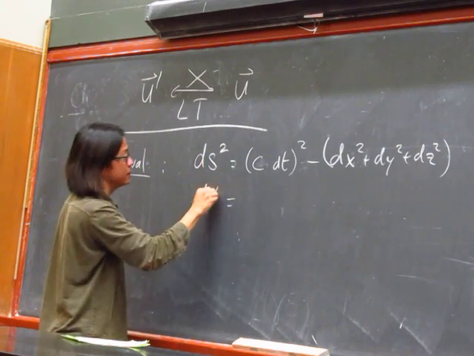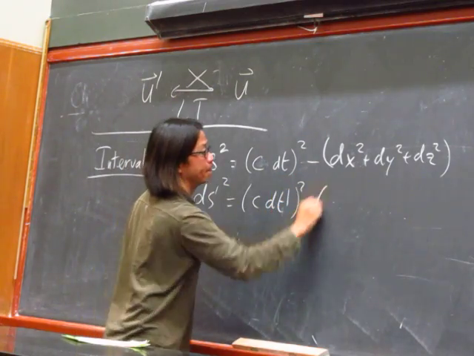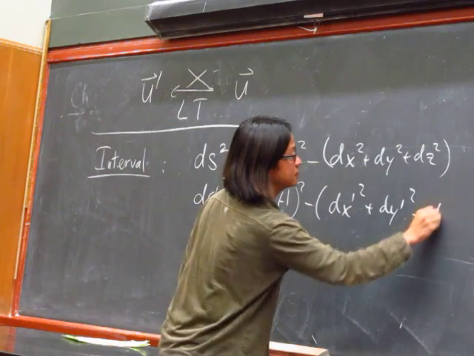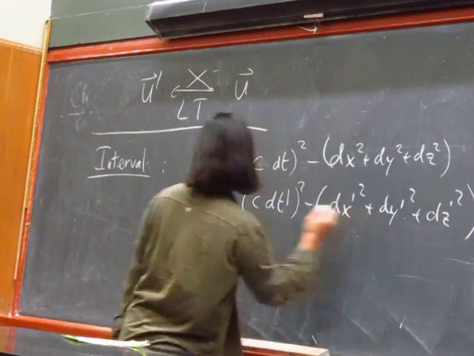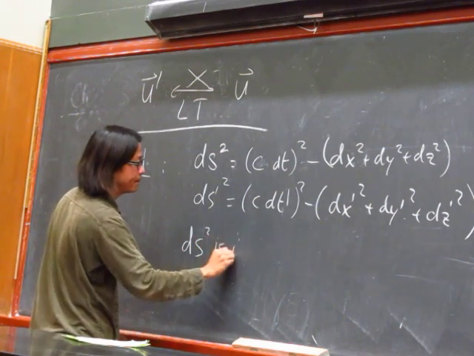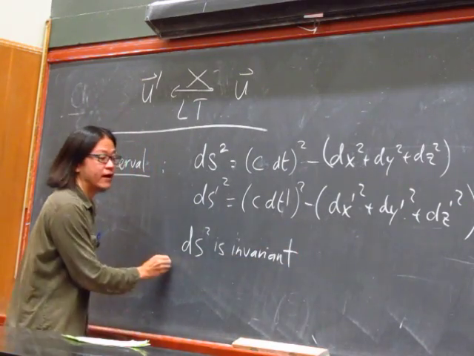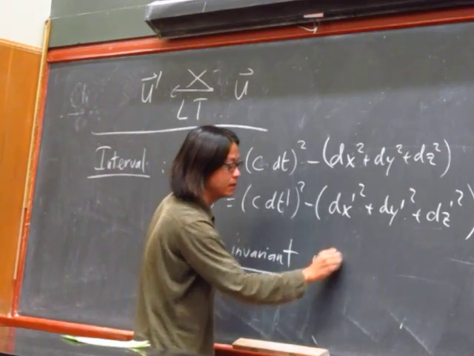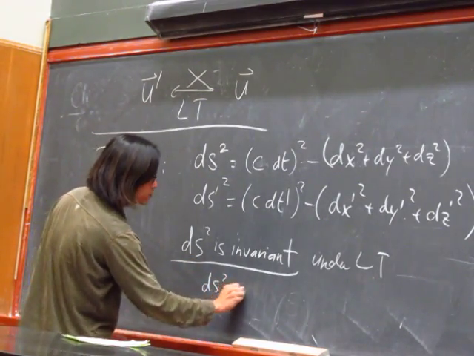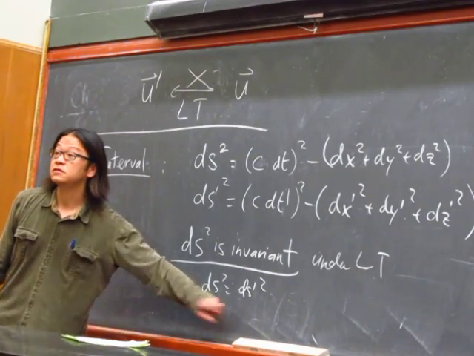And say in the prime frame, you have something like this: c squared dt prime squared minus dx prime squared plus dy prime squared plus dz prime squared, right? And ds squared is actually invariant. It's just like charge. It's invariant under Lorentz transformation. So ds squared is equal to ds prime squared. It never changes.